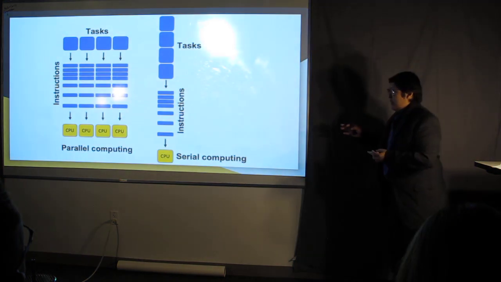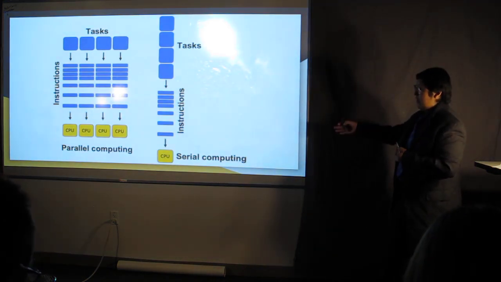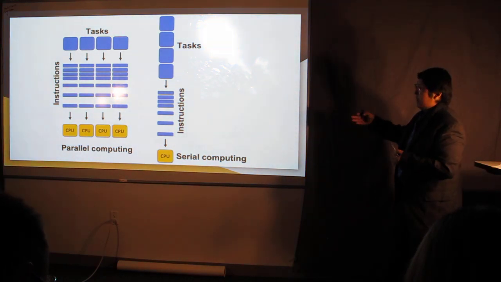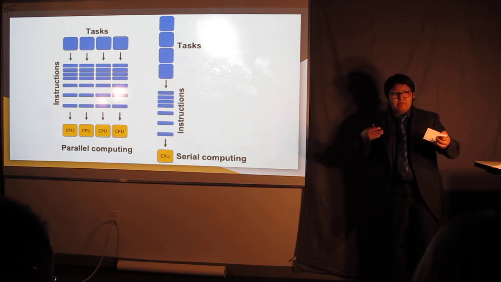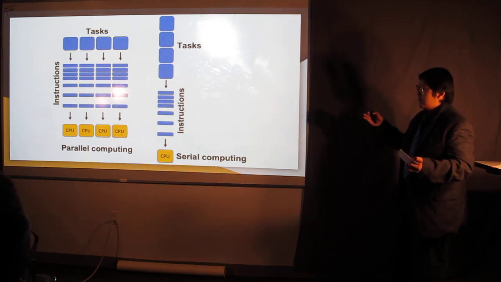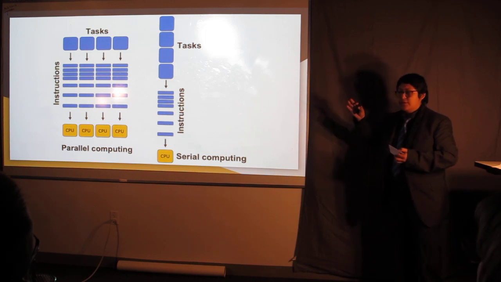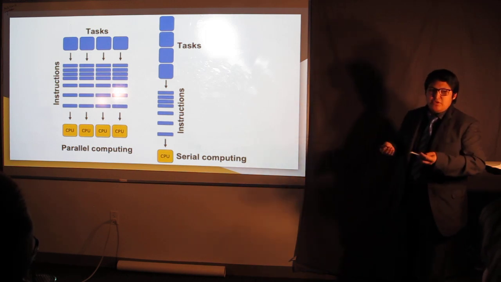Here's an example of parallel processing and how this works. So on the right you see serial computing, which, like mentioned before, does each instruction one by one and completes them in that way. Whereas parallel processing uses each of its cores to basically take on a set of tasks on its own. So these sets of instructions can also be known as threads.